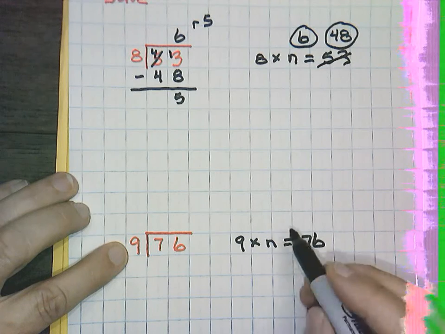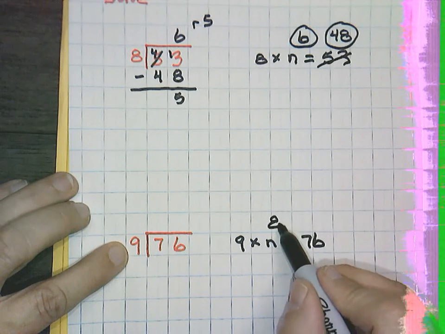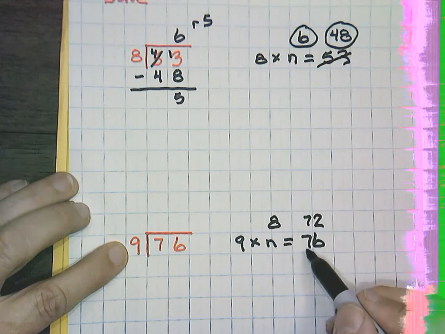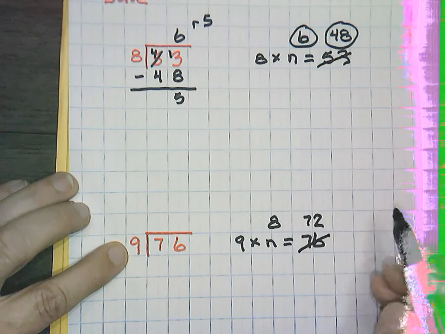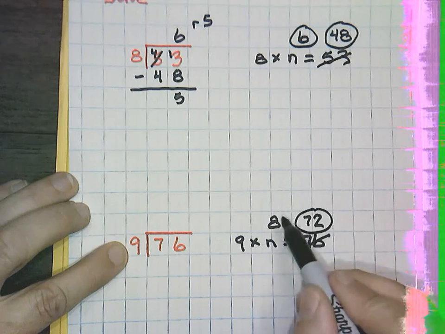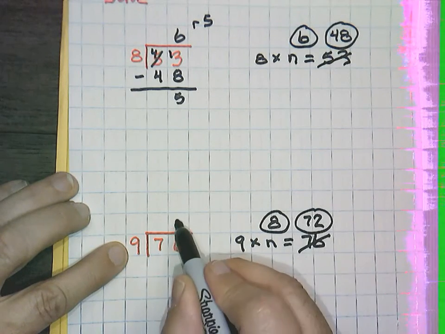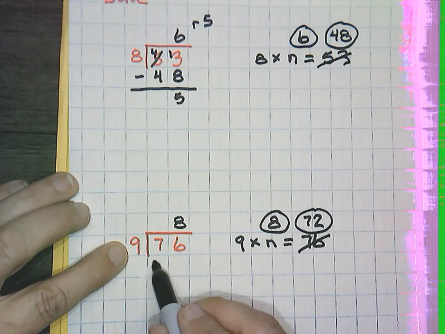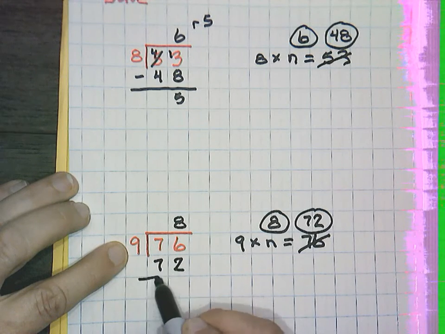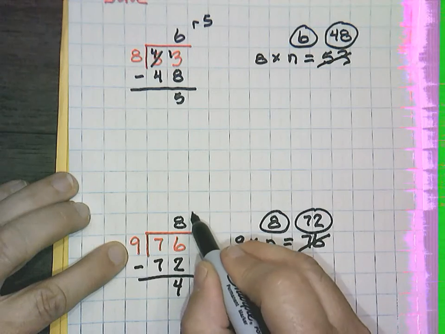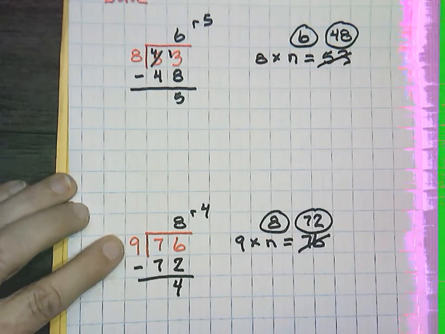But the closest I can get is if I multiply it by 8, I can get to 72 without going over. So it's not 76. It's 72. Remember, circle both numbers as a reminder that we're using both numbers. And then use both. Find the difference, and the answer is 8 with a remainder of 4.